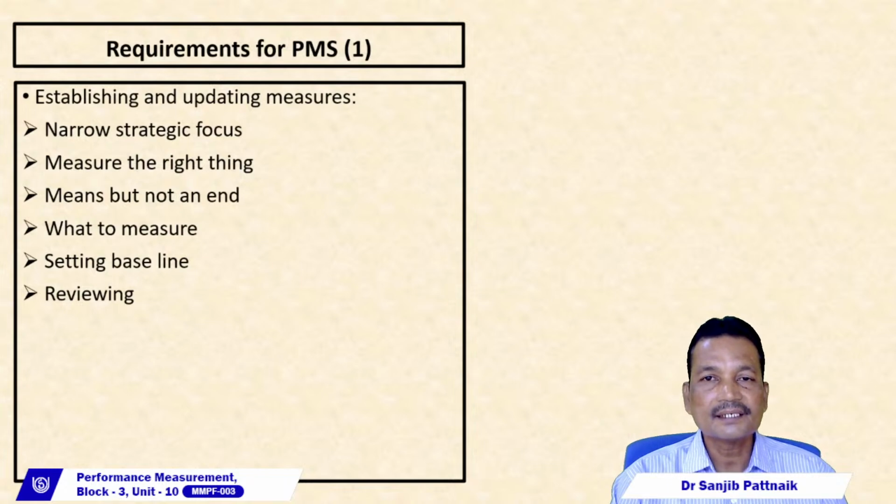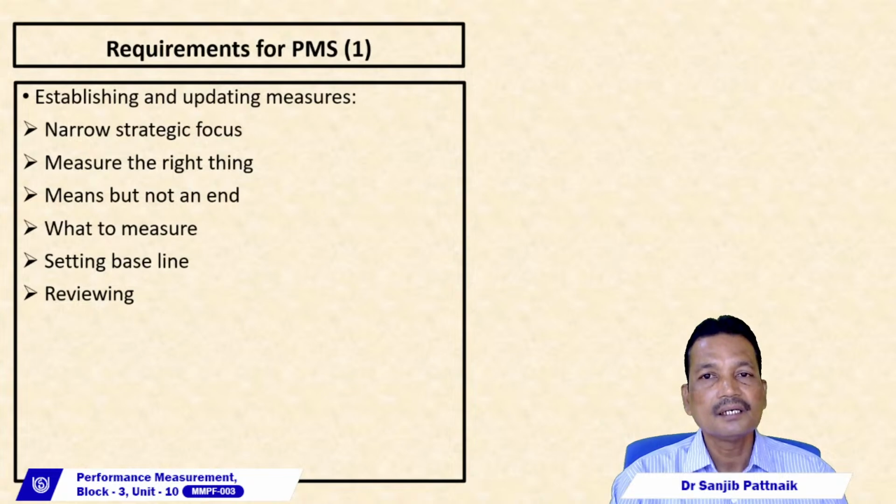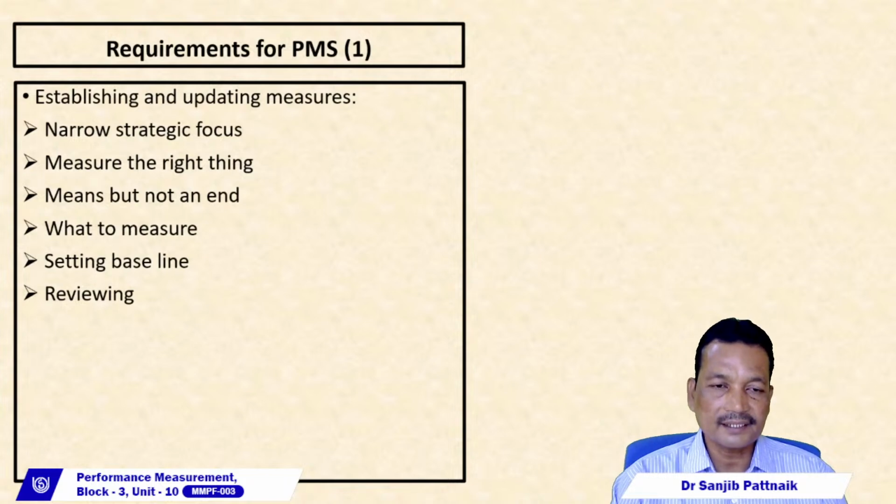We may say that yes, we can judge what our performance is regarding an activity, but if there is no measurement system, does it mean that there is an end to that activity? No. Even if the performance measurement system is not there, the activity must go on.